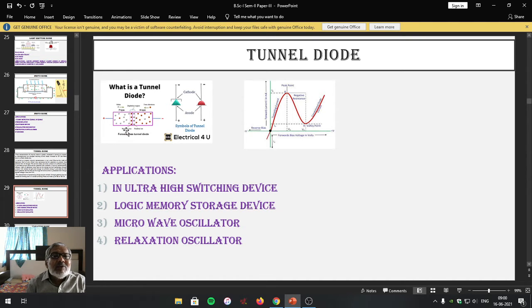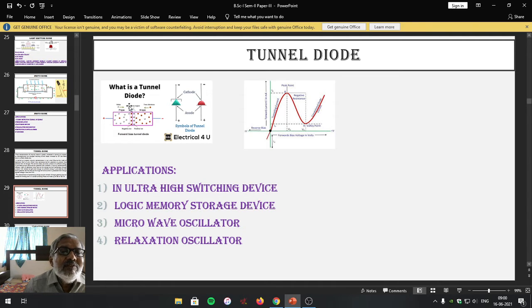Such a diode is a tunnel diode, represented in this particular figure. Naturally, it works in forward bias condition because in forward bias the width of the depletion layer is further reduced, which we are well aware of. When it is forward biased, the tunneling action becomes faster and faster.